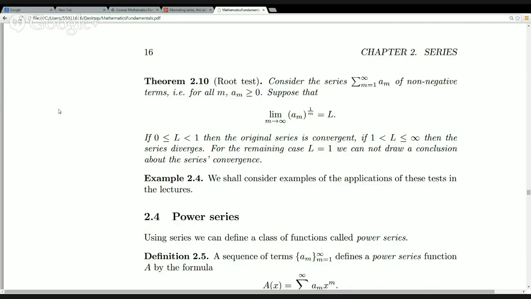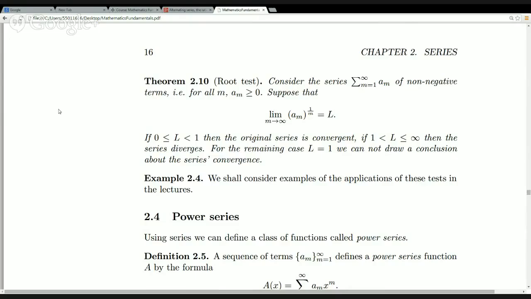And so the series, the sum of a_m, will behave like, or what we mean by that is converge or diverge like, the geometric series, the sum of L to the power n.